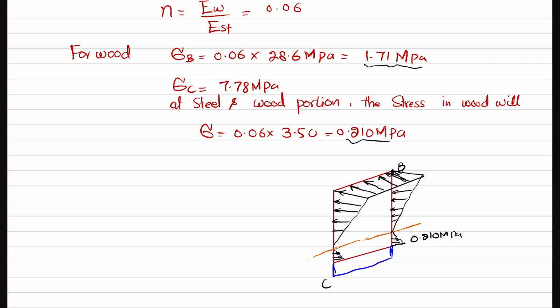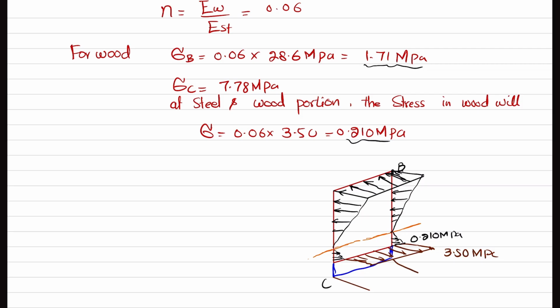Again, you can see at this junction the steel started. So what we will do is this line will move ahead like this. For the steel junction, this will be the stress, and at this point the magnitude will be 3.50 megapascal, and in the lower portion it will be 7.78.